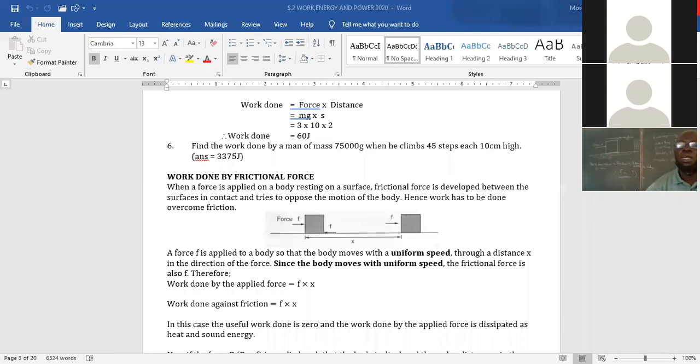That heat is not always unnecessary because it can also be used to create fires. The work done is going to result into heat, sound, and wear and tear. You remember friction causes wear and tear. Is that okay?